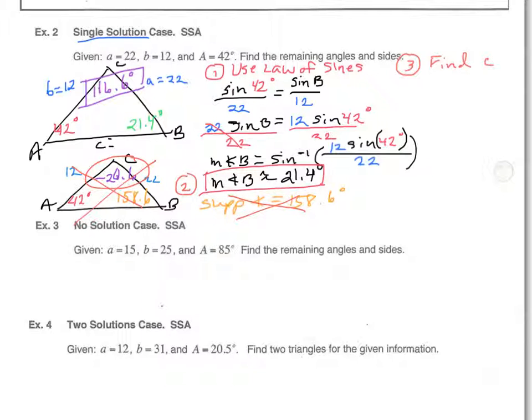And we're again going to use the ratio sine of 42 over 22 because that's our full ratio.